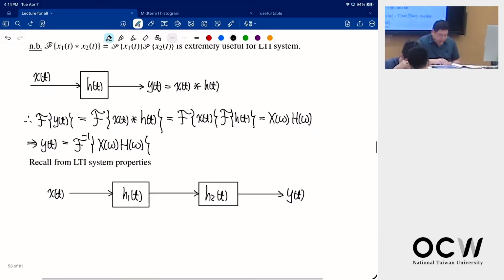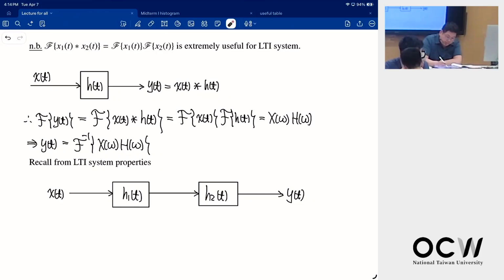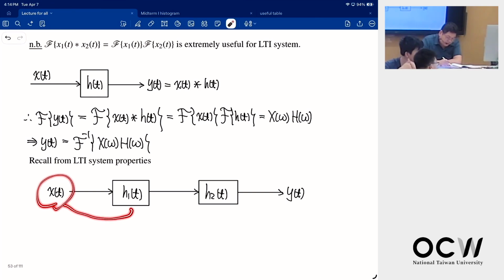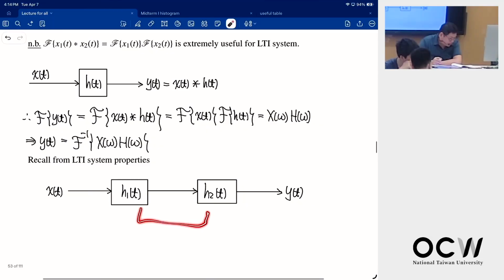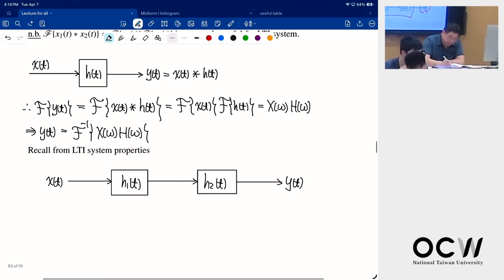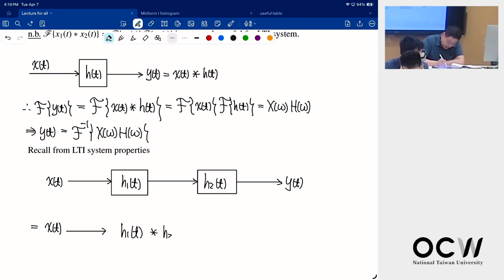So let's review the LTI system's property. I have a signal. I send it to the first system, and then concatenate with the second system. Then I got the output y(t). I can combine these two systems. Actually, it will be h1 convolved with h2.